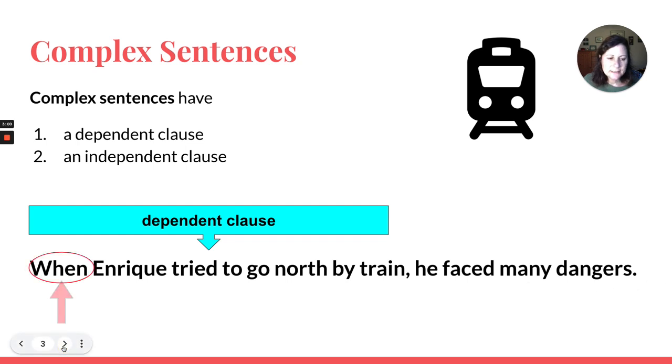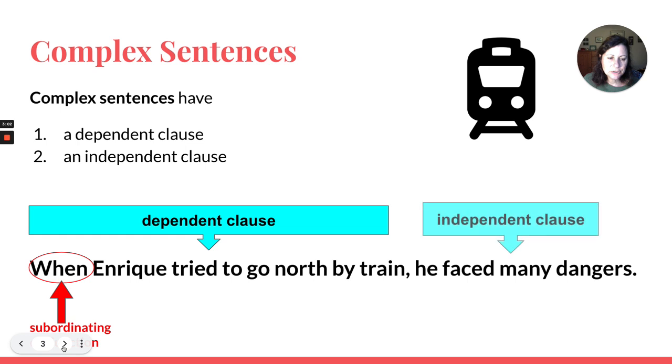And then this here is an independent clause. He faced many dangers. It has a subject, a verb, and a complete thought. And actually, this sentence can stand alone. Like, he faced many dangers. If I wanted to, this is a complete sentence and it can stand alone. This one can't because it has this subordinating conjunction, when.